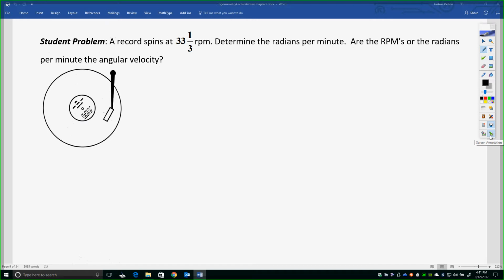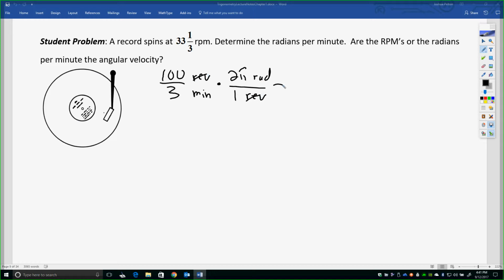I make the same recommendation here as I did before. Always work with fractions. No decimals, no mixed numerals. So 33 1/3. 33 times 3 is 99 plus 1. So that's 100 over 3 revolutions per minute. That is the equivalent of 33 1/3. And again, we want an angular velocity, so that's going to be in radians, not revolutions. So 1 revolution is 2 pi radians.